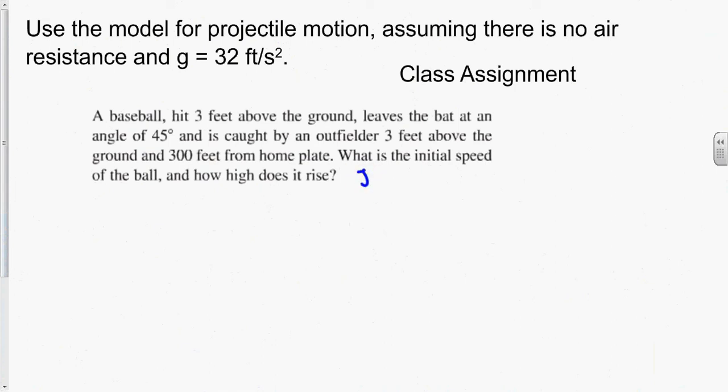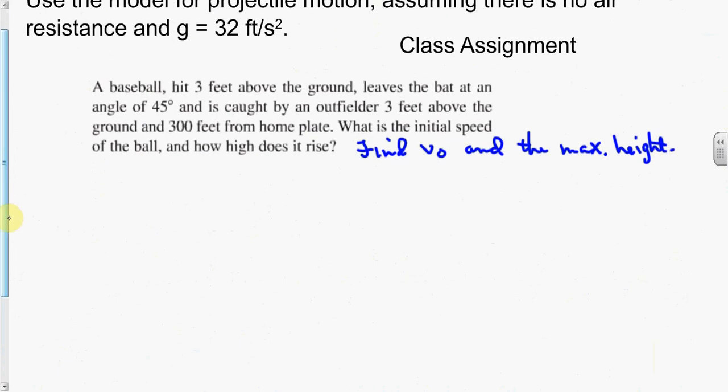So you want to find the initial velocity and the maximum height. Try your hand at that. Let's see what you can get.